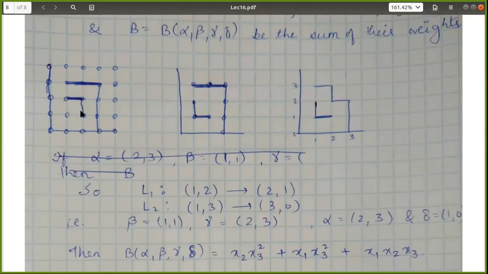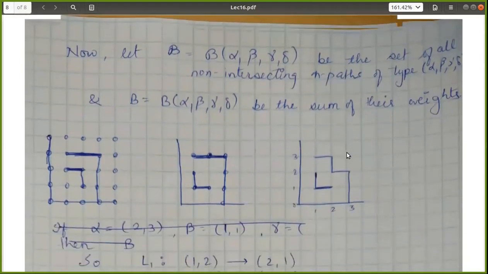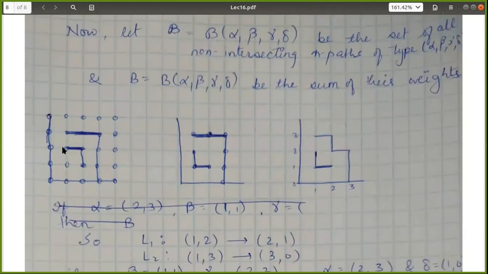So from this point to this point you consider lattices, from this point to this point you consider lattices. There are going to be several lattices. Okay, now when I'm dealing with this math cal B, I have to consider only the non-intersecting lattices. So if let's say I construct the lattice from this point to this point to be this, then there is exactly one lattice choice available for the point from this to this, which is going to be this, right?